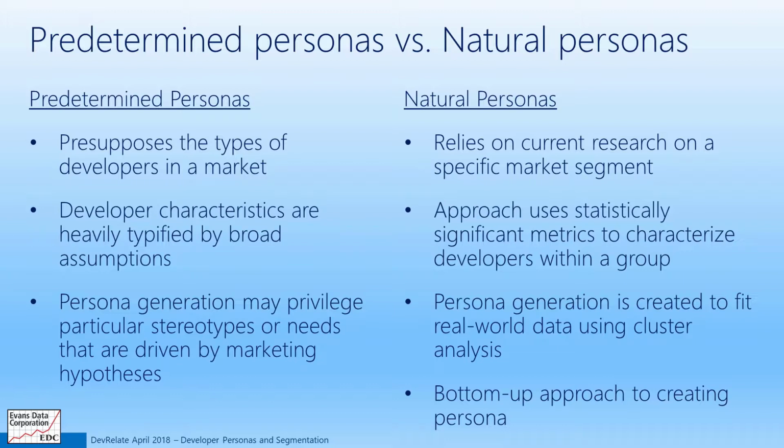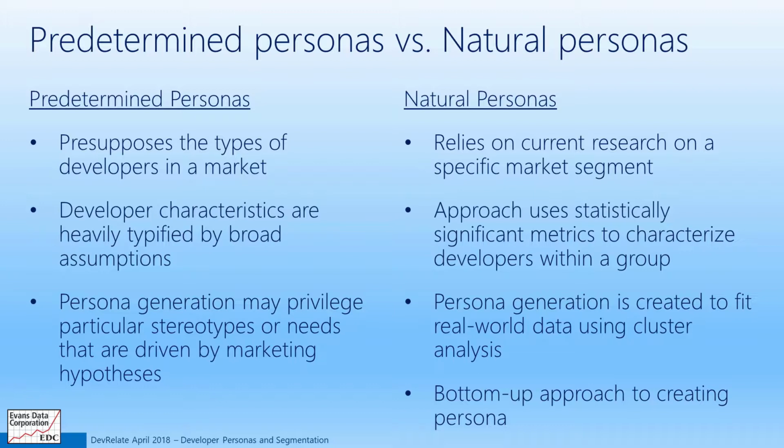Another way that we do personas is something called natural personas, and this is when we allow our own survey research to define who comprises a group of developers. We sometimes use this natural persona approach to create organically the kinds of personas that might exist within a defined group of people.